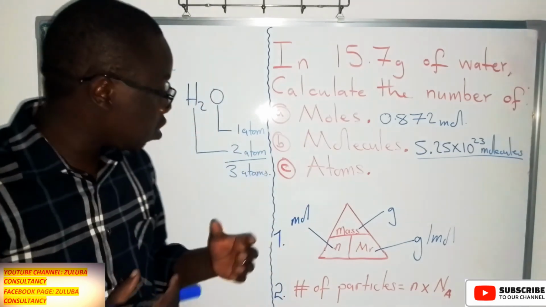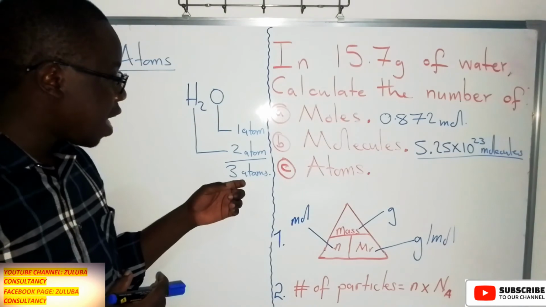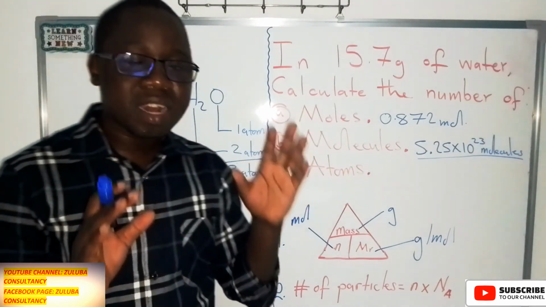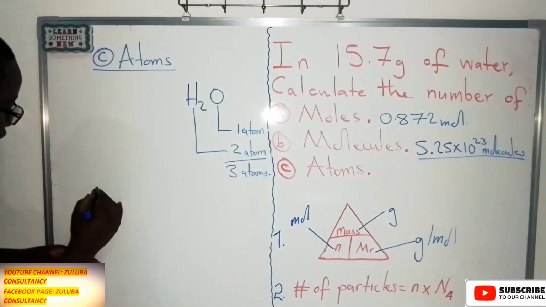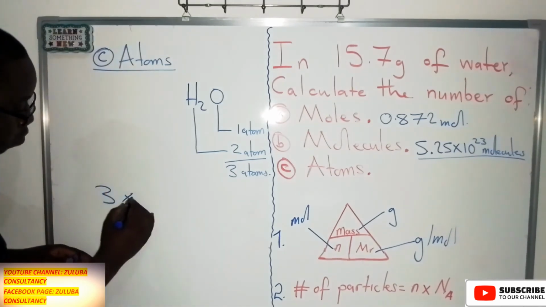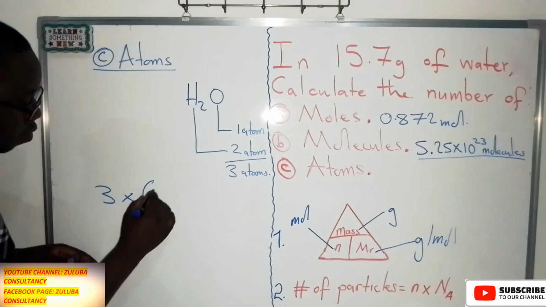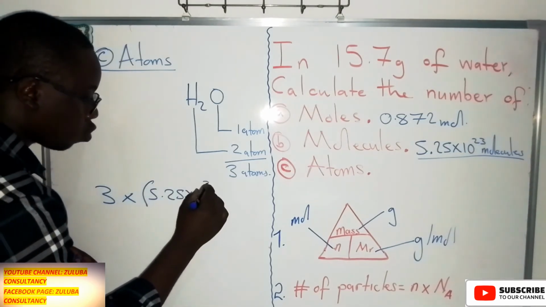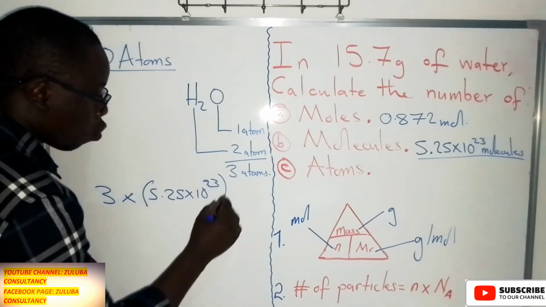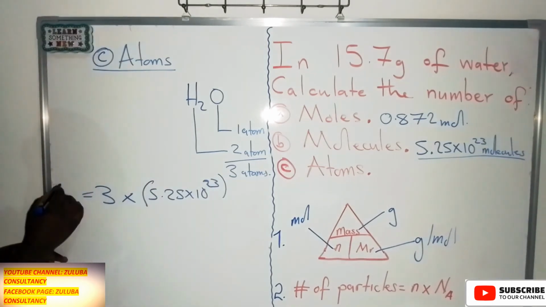We are simply saying we need to multiply 3 by the number of molecules. So if we multiply 3 by the number of molecules, which is 5.25 times 10 to the power 23, we should get the number of atoms.